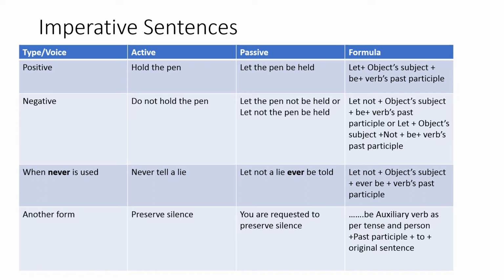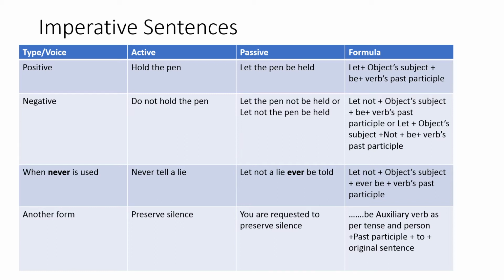Now comes the third one. It is another typical imperative sentence where "never" is used. If you omit "never," "Tell a lie" is the same as "Hold the pen." There's no difference. So when you are bringing "never," the correct form of making a passive voice is that you'll have to bring two new words: "not" and "ever."